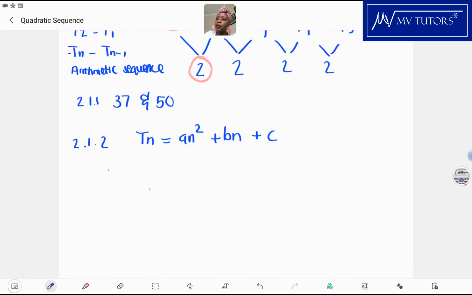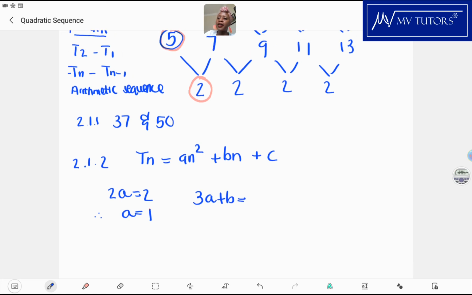So 2a is equal to 2, therefore a is equal to 1. And then secondly, we said 3a plus b is equal to 5. So we know a is 1, so I have 3 plus b is 5, and then b is 2.